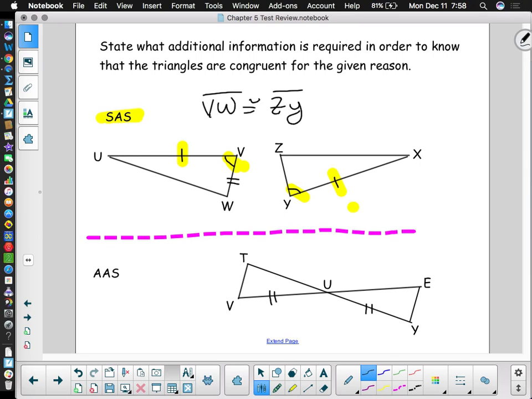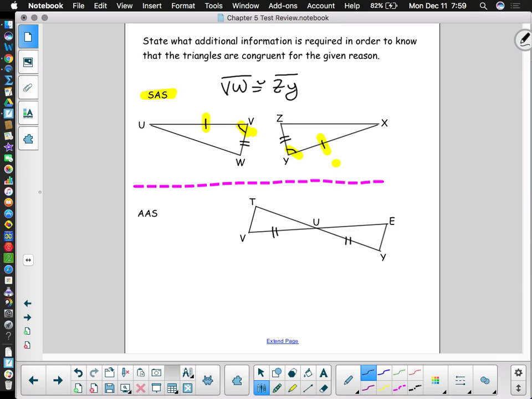It doesn't matter. ZY and YZ, with segments the order doesn't matter. You could write YZ. I mean, it's not going to be wrong. Okay? And then mark it. Is it side, angle, side now? Yeah, sure. When we look at the picture, it's pretty clear. It's side, angle, side. That's all we have to do.